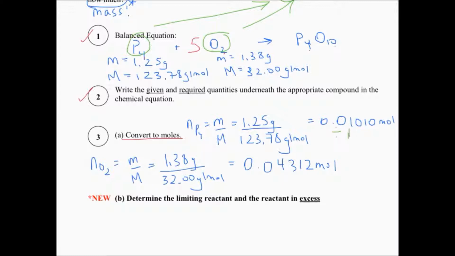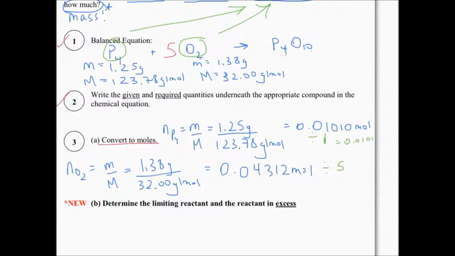Now if we take a look at our balanced chemical equation, I've got a coefficient of 1 for phosphorus and a coefficient of 5 for oxygen. So my phosphorus doesn't change, but for my oxygen, I get a value of 0.00865.